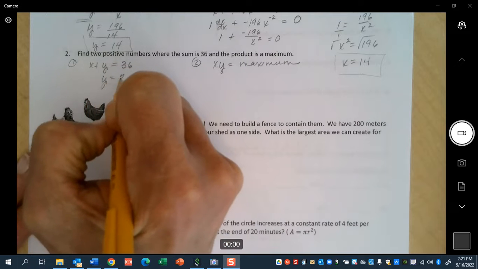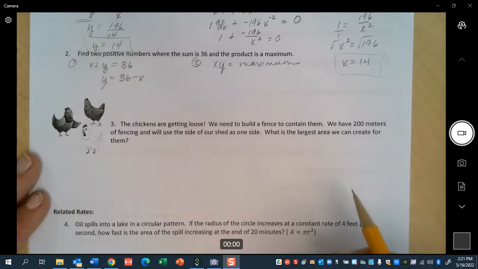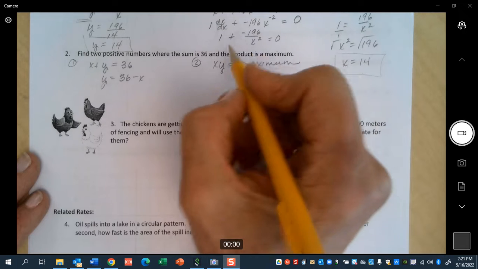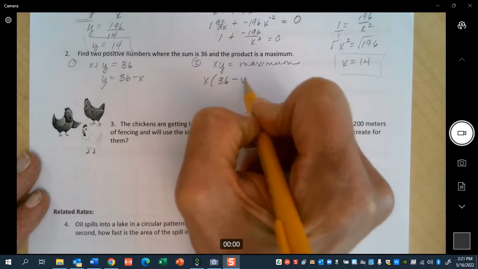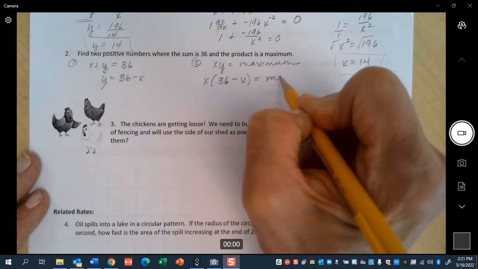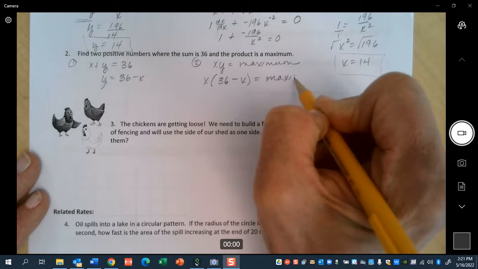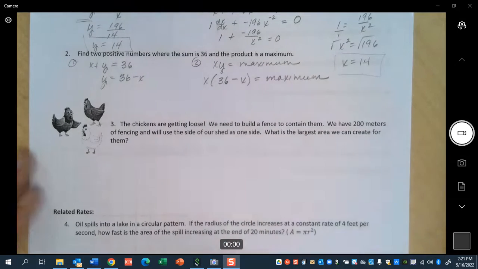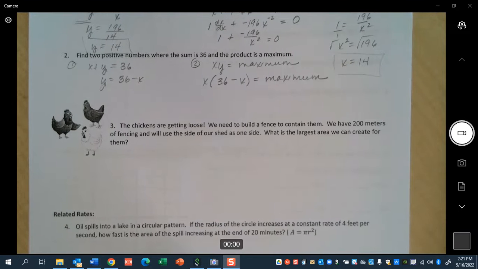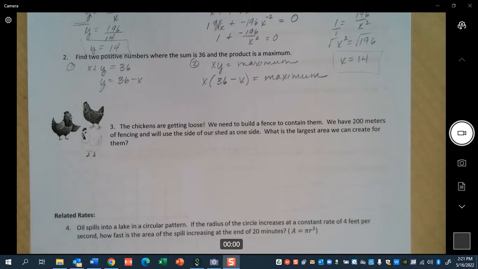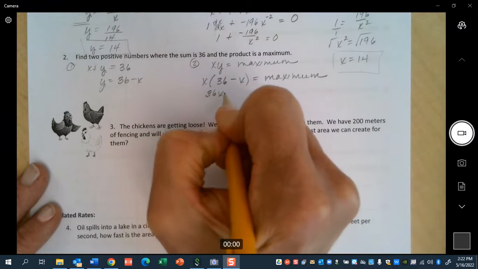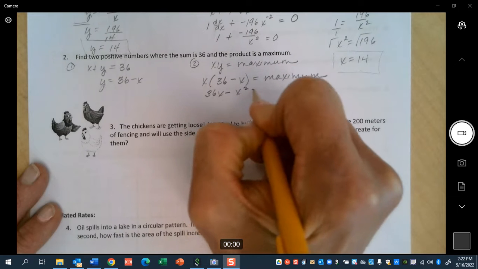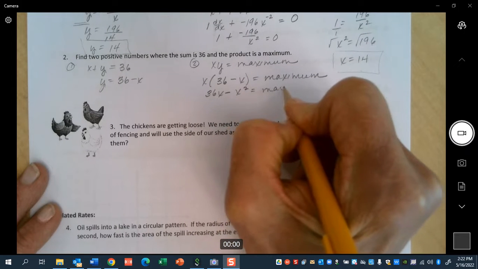So y is equal to 36 minus x, so that I know that x times 36 minus x is going to be a maximum. Now it's time to take the derivative. I don't want to do the product rule. It's a lot more work. Instead, I can just do 36x minus x squared is equal to my maximum.